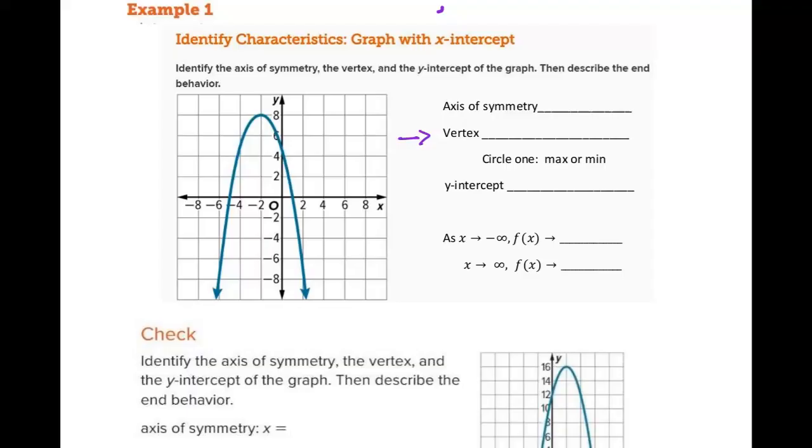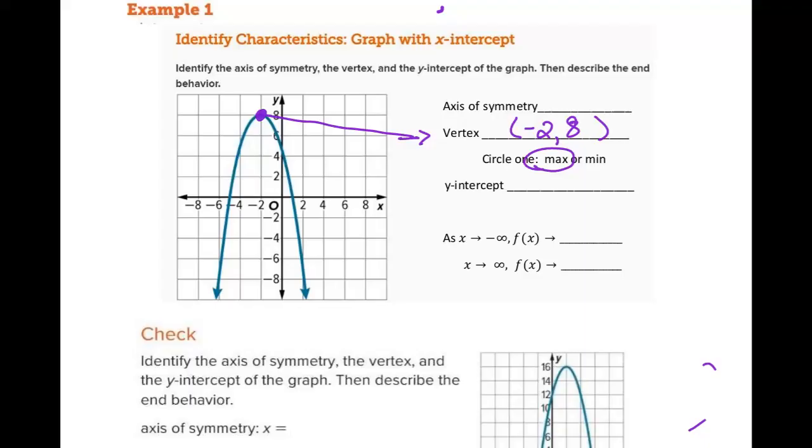So I need an x coordinate and a y coordinate. -2, 8. Excellent. So right here, that is my vertex. Now, is that a maximum or a minimum, Miss Ashley? Maximum. Look at that. What confidence she has. Excellent.